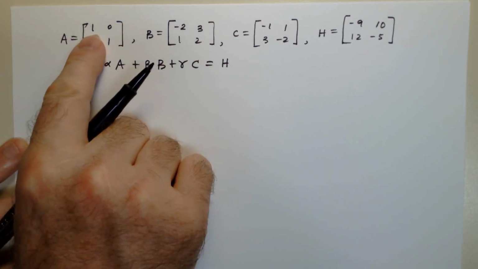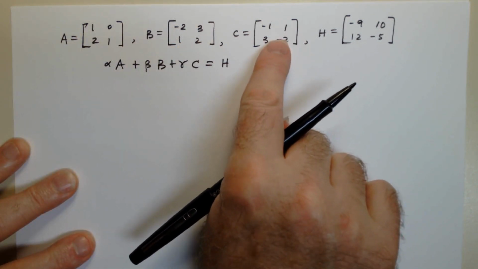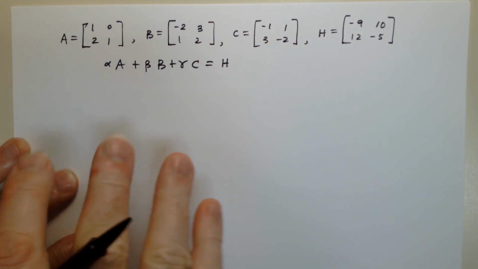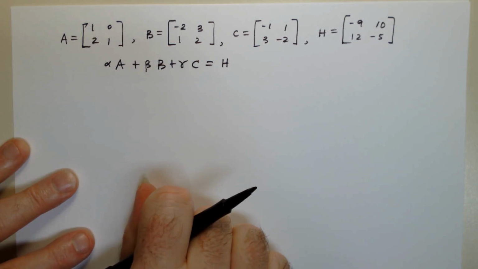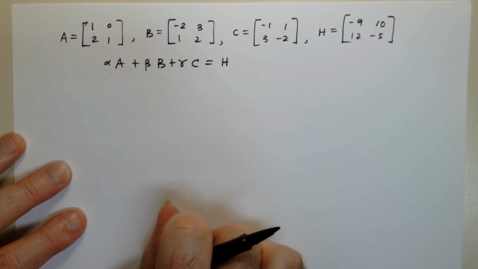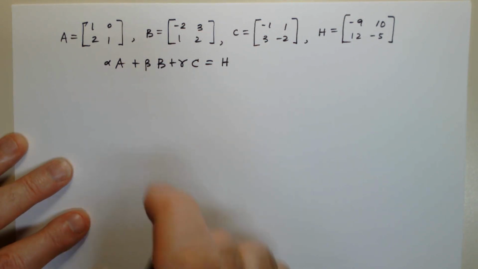We're going to scale this matrix by alpha, scale this matrix by beta, and scale this matrix by gamma, and we'll set it equal to H, and that should provide us with some equations. When we compare entries, it'll provide us with some equations that will bind alpha, beta, and gamma together. Let's take a look.